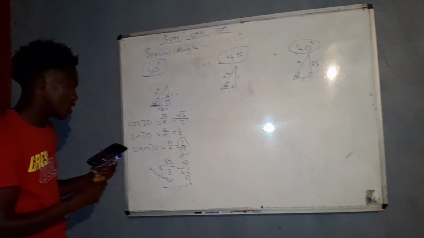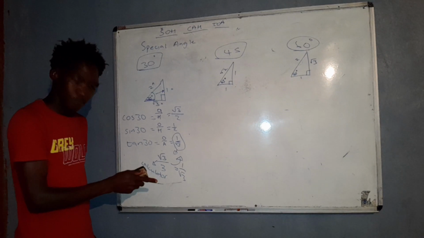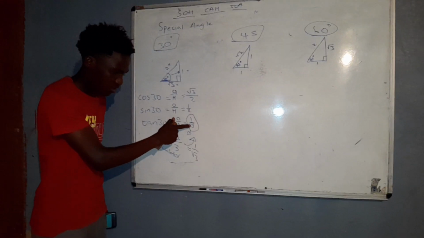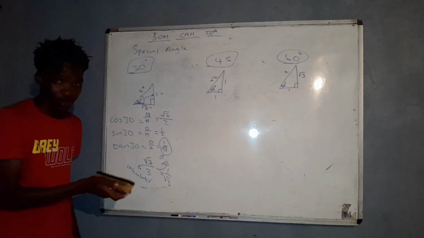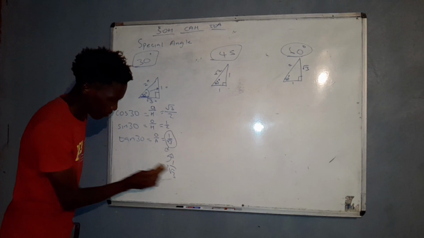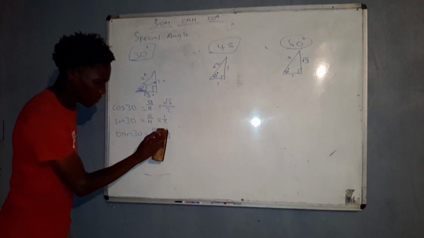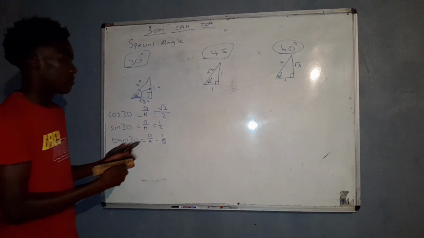So no matter what, do not use a calculator, because the calculator will give you this instead of this. Even though they're the same thing, they're going to see that you are cheating. So, you understand? Now, let's proceed.